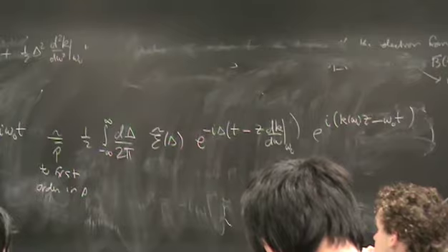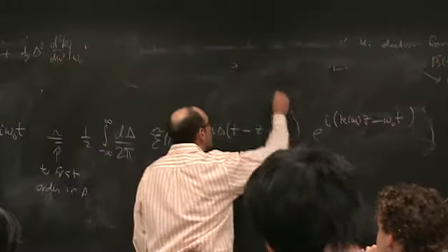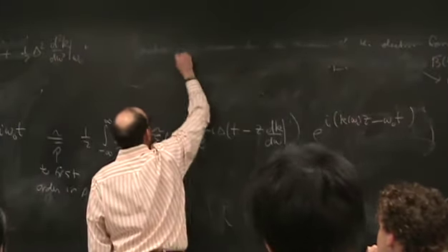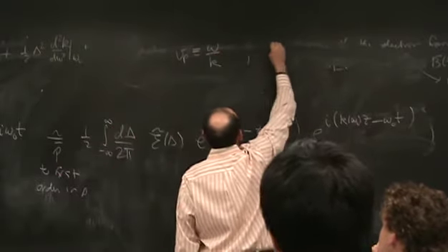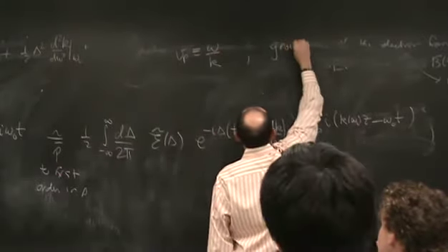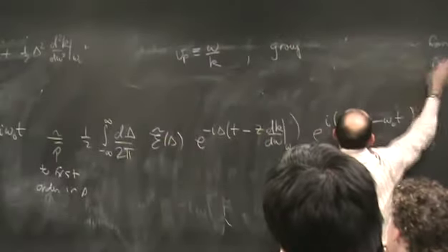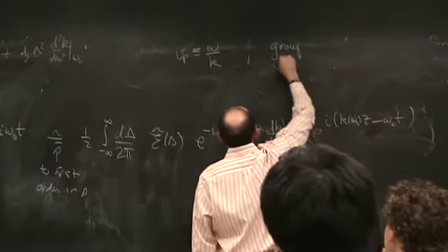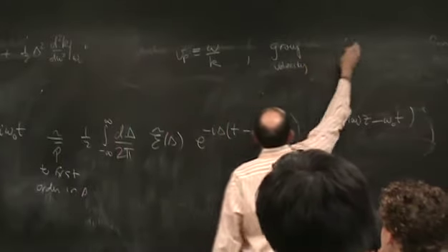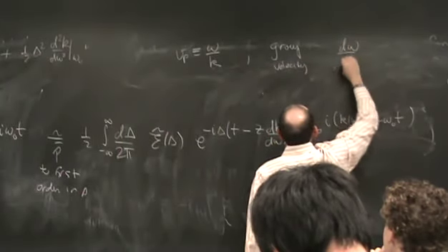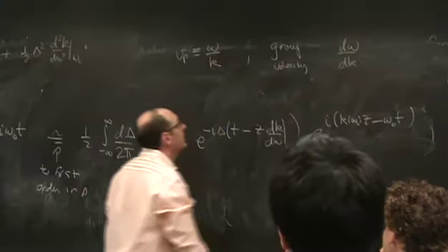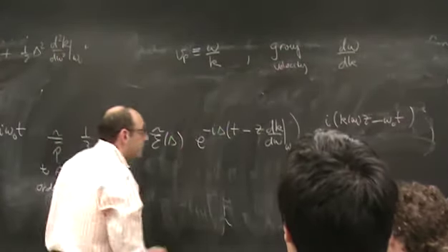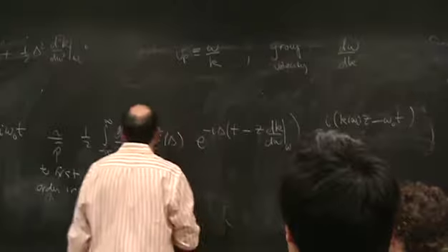Thus, if we recall, the phase velocity was defined as omega over k. We define the group velocity as the derivative of omega with respect to k, which is generally different if we have a nonlinear dispersion relation.